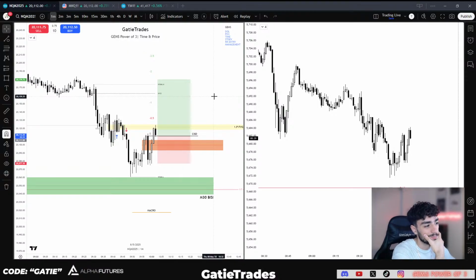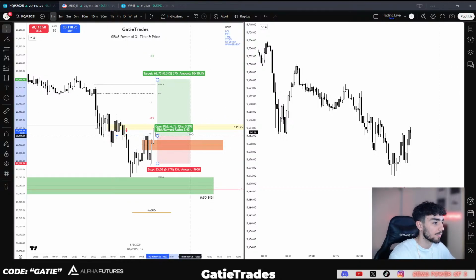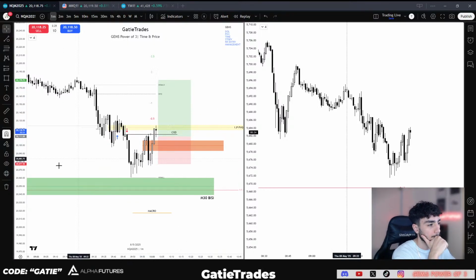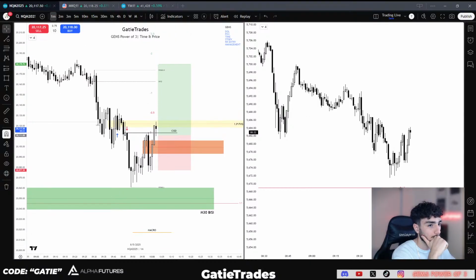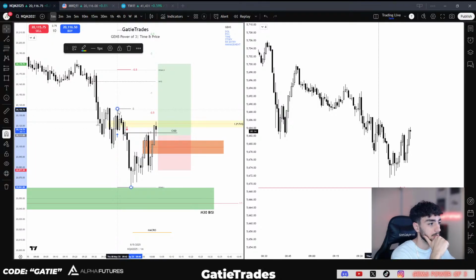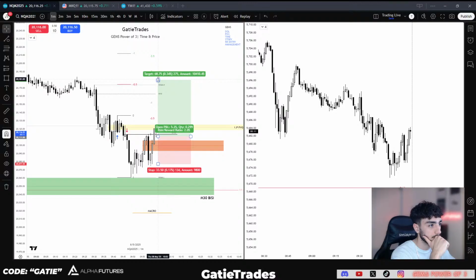I don't know. Not technically a CISD, not on this time frame. But I mean, this is. This would technically. It's not really a protraction model. I'll probably still deviate this leg.